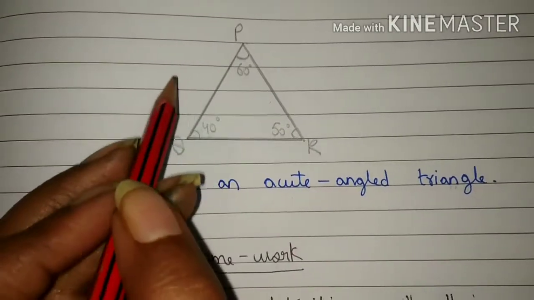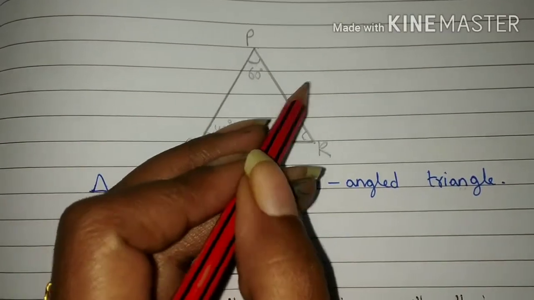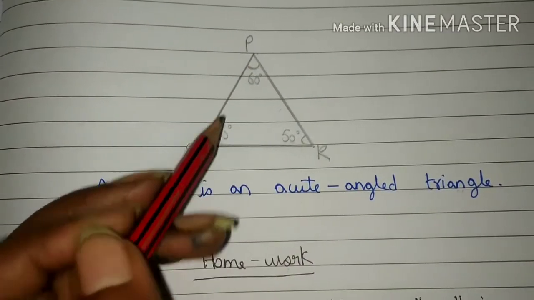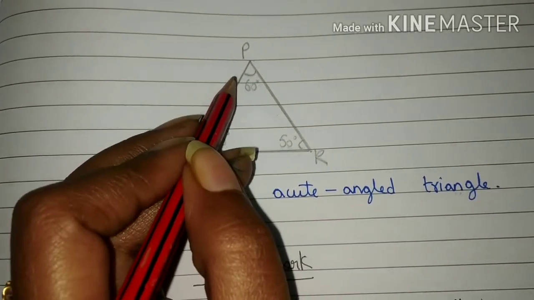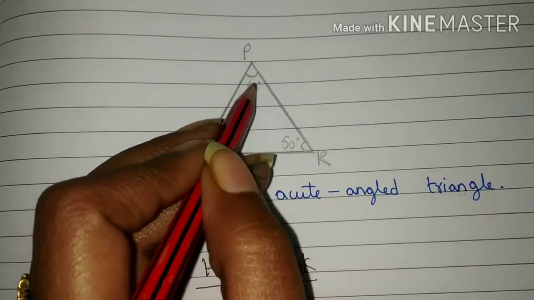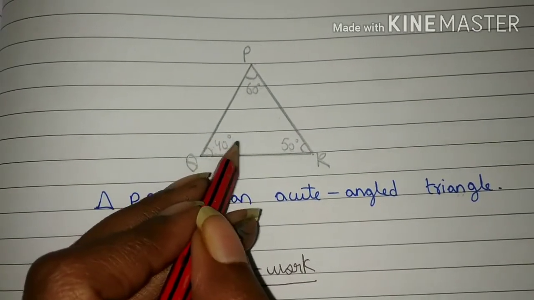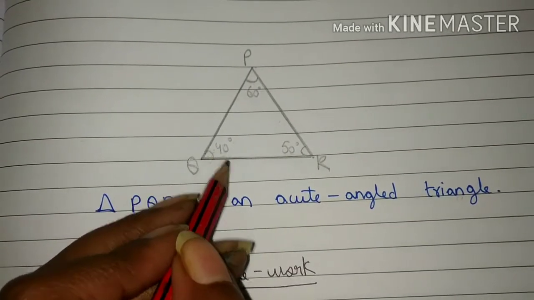Students, look at this figure. This is an acute angle triangle because here all the angles are less than 90 degree. See, this angle is 60 degree. It means this angle is less than 90 degree. This angle is 40 degree, less than 90 degree.